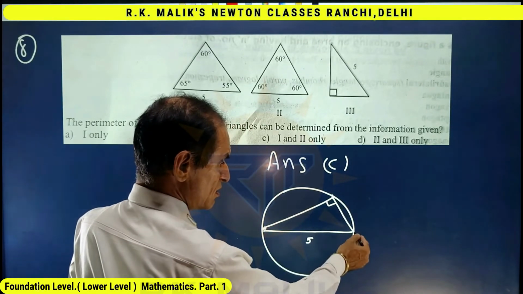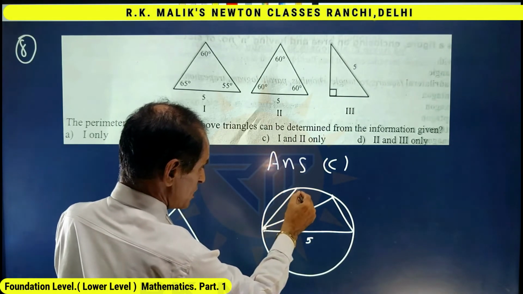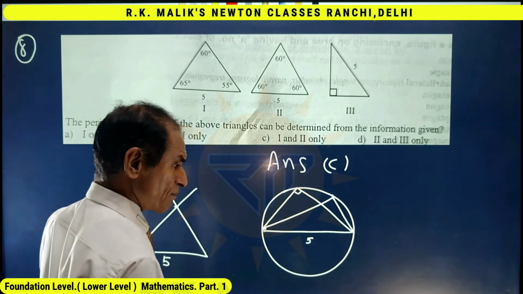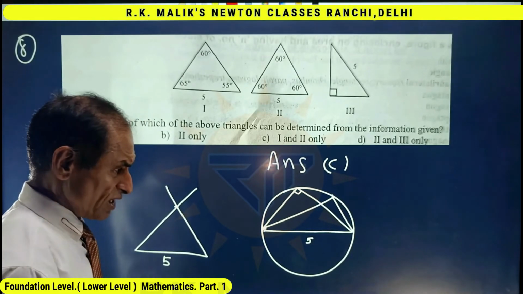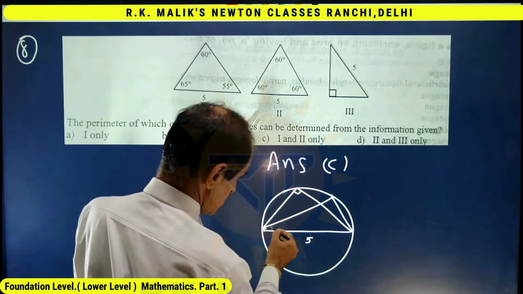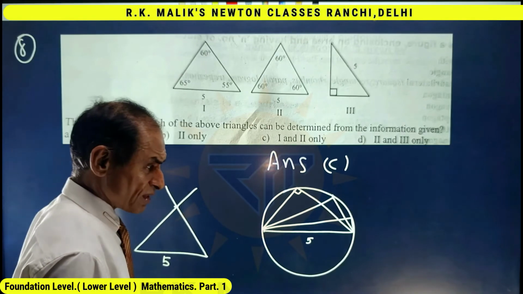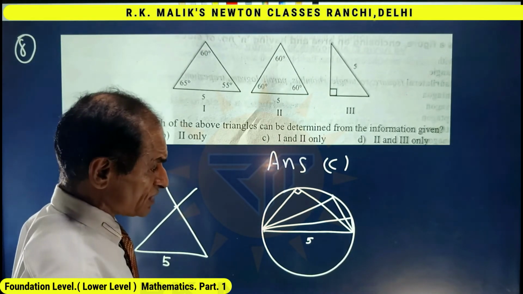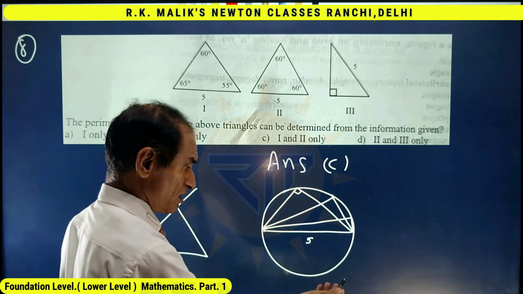In this case, the perimeter will be something. But if I take this triangle, still the angle will be 90. But in this case, the perimeter will be different. That is, the perimeter will go on changing as I move the point on the circle.